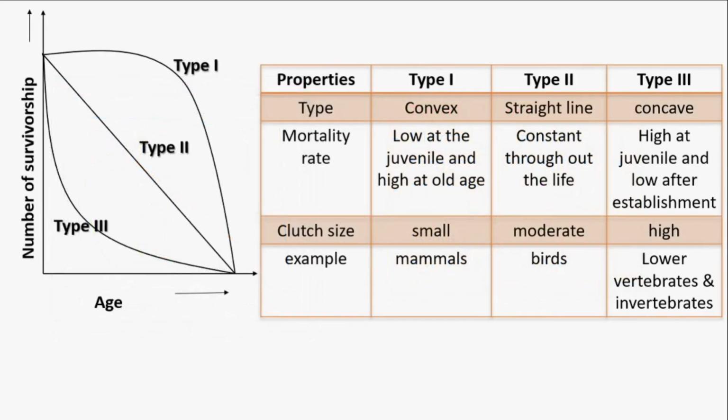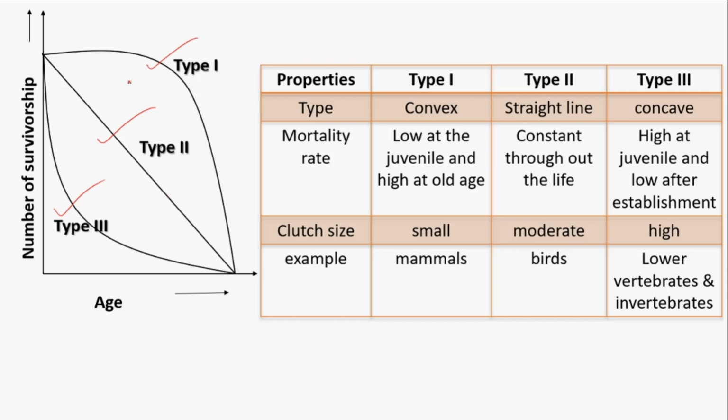So this is the comparison among these three survivorship curves along with the graphs, as you can see in this slide as well. Type 1 shows a convex-like structure, type 2 a straight line, and type 3 a concave-like structure.